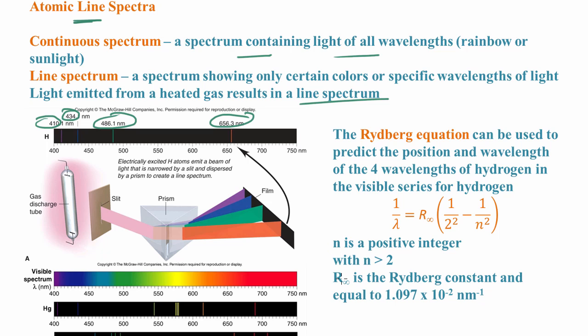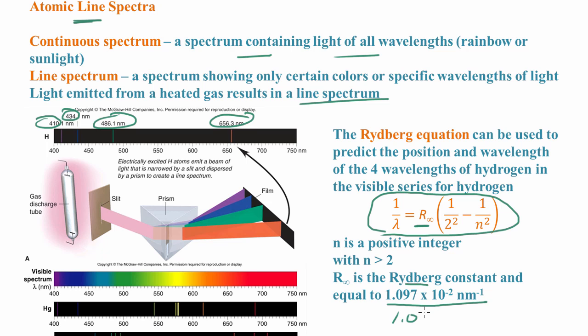As I said before, there are 4 emission lines in the visible region for hydrogen. J.J. Balmer showed that the wavelengths in the visible spectrum of hydrogen could be reproduced by this very simple formula here. So 1 over the wavelength is equal to R, which is the Rydberg constant, and that's 1.097 times 10 to the negative 2 reciprocal nanometers.